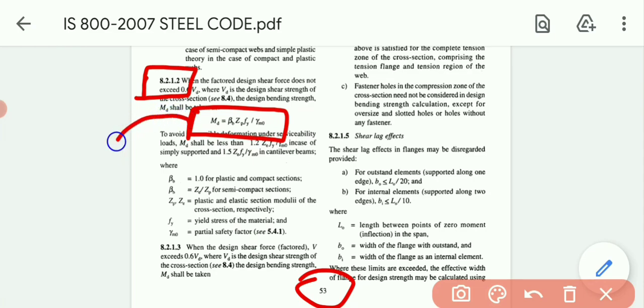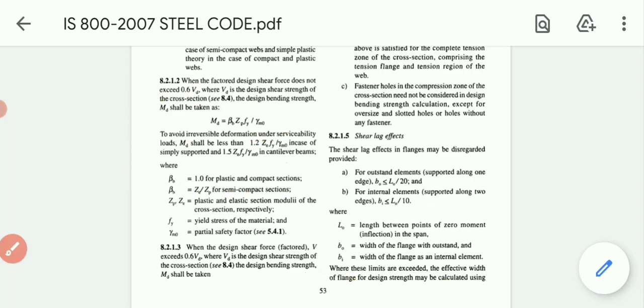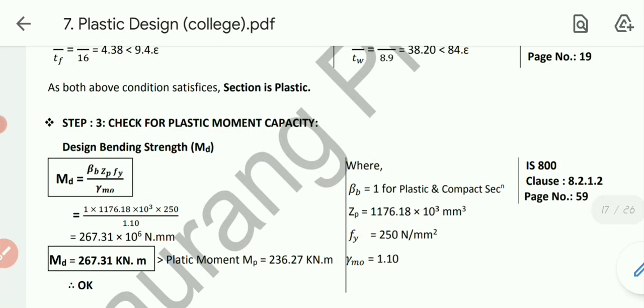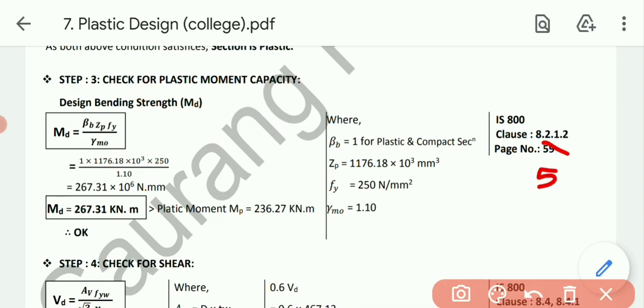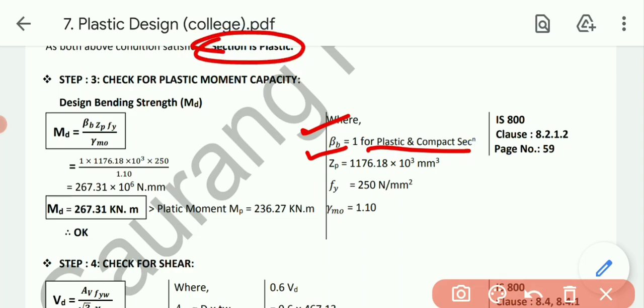Where beta b is 1 for a plastic and compact section. We have already checked that our section is plastic, so the value of beta b will be 1. Talking about Zp, Zp means the plastic section modulus of the selected section.